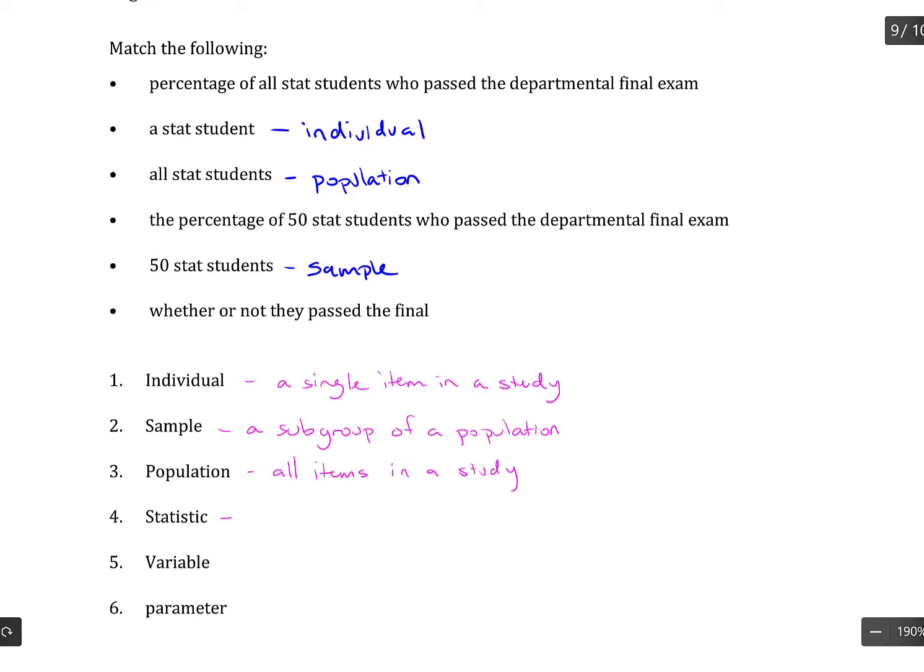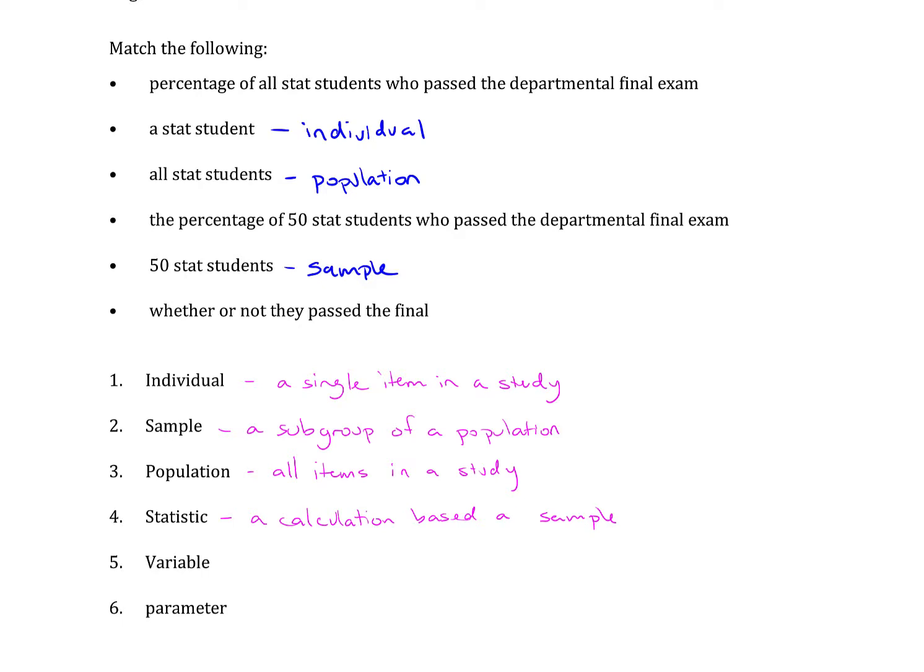A statistic. This is going to be a calculation based on a sample. And of the ones we have here, we have the percentage of all stat students who pass the departmental final. And since that says all, that sounds like a population, so that's probably a parameter.